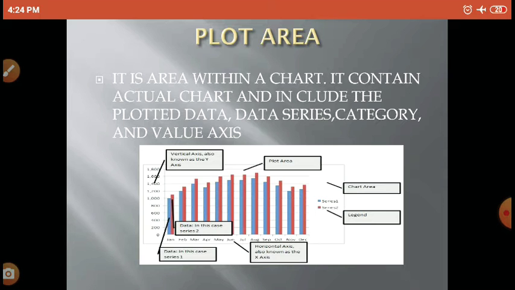Let us move to our next component. Okay class, next component of chart, that is our legend. Now what does legend mean? Any guesses for this?